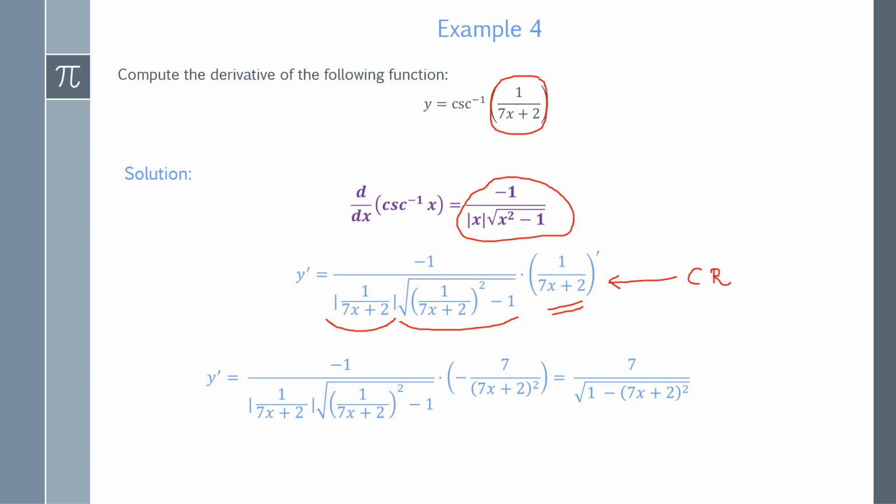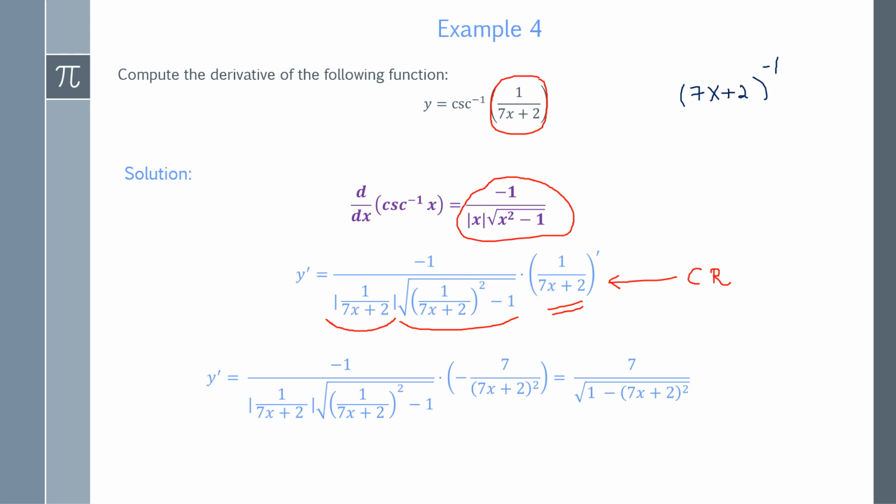All right, so you see that this problem is just a little bit needy. This is what I call this type of problems where you have to pay special attention to all of the terms. Okay, so how do we compute the derivative of this argument? Well, the way I think about that is that this expression is equivalent to 7x plus 2 raised to the negative first power.